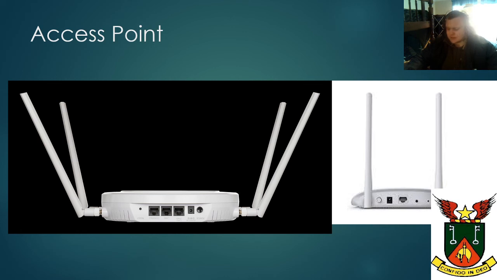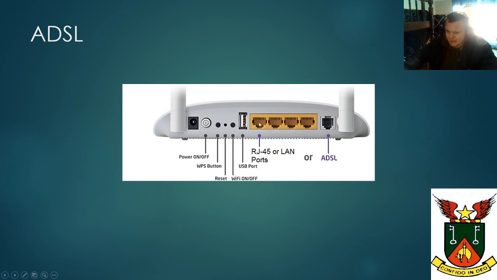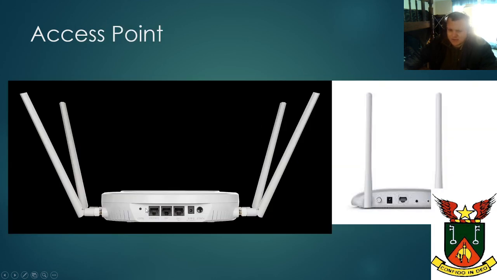Then I can just lay an Ethernet cable, RJ45, from my modem, from the ADSL modem to the access point router, and then I can configure this access point to have Wi-Fi, or I can add another Ethernet cable to it.